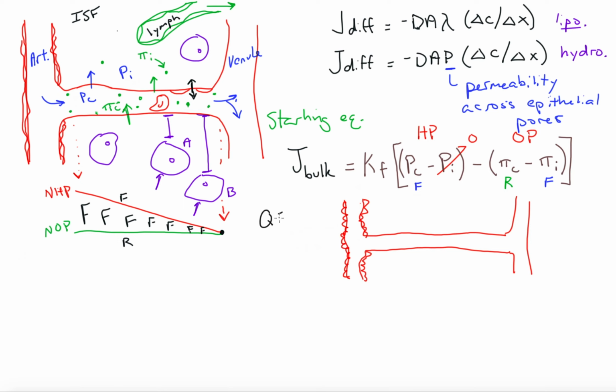Q equals the pressure gradient, delta P over R. So if the resistance goes up dramatically because we're squeezing it here, it's constricted, what's happening to Q? Remember, Q is flow, right? If that resistance is rising, if pressure's the same, then Q is going down, right?